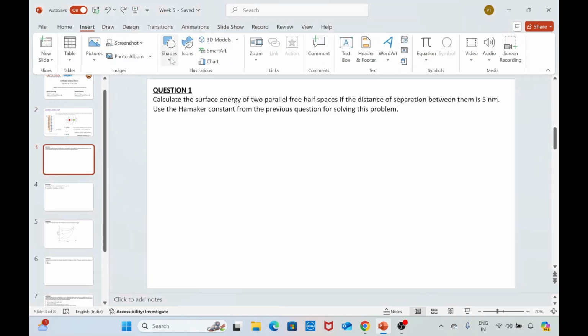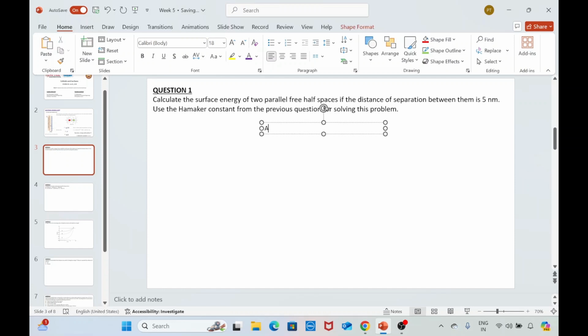So the value of the Hamaker's constant is A equals 7.29 times 10 to the power minus 20.